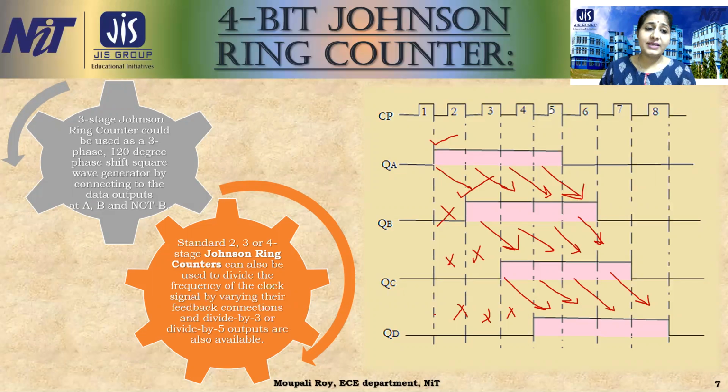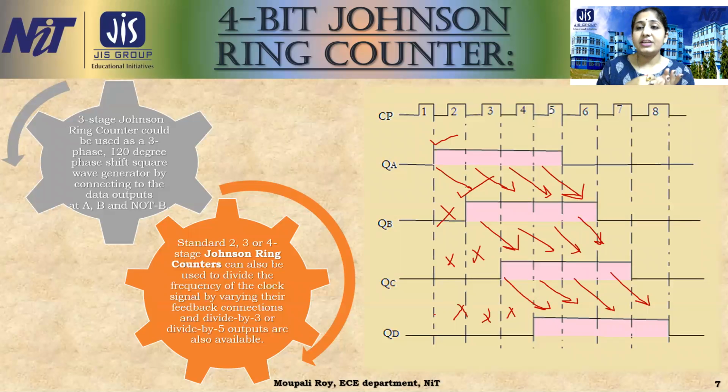A 3-stage Johnson ring counter could be used for 3-phase or 120-degree phase shifting sequences. So this is also a wave generator, by connecting the data output at AB with the NOT one. That means these are the uses of the Johnson counter.